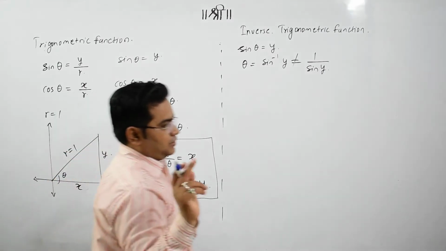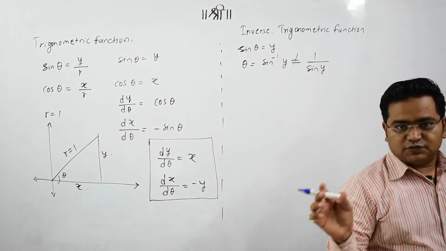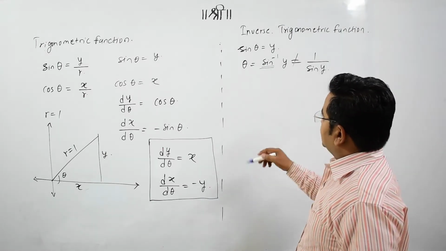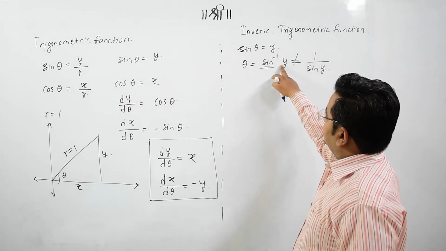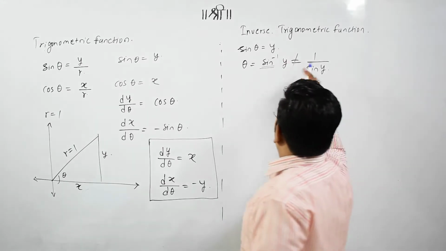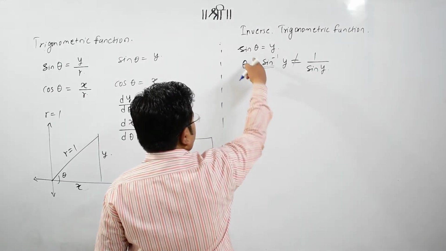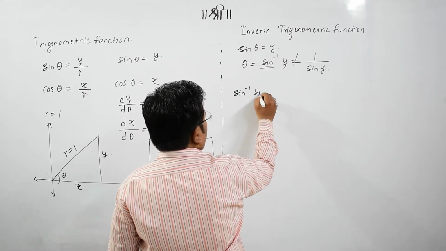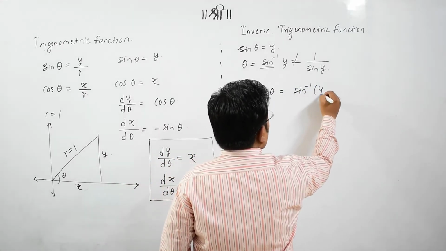The most important thing is that this process of taking sine is reversed, or inversed. Therefore we get sine inverse of y. If I want to write this equation again, sine inverse of sine theta is equal to sine inverse of y.